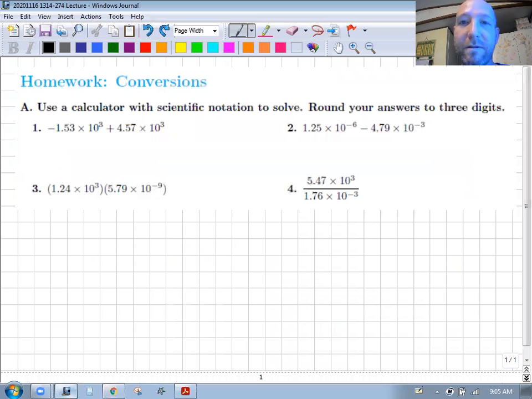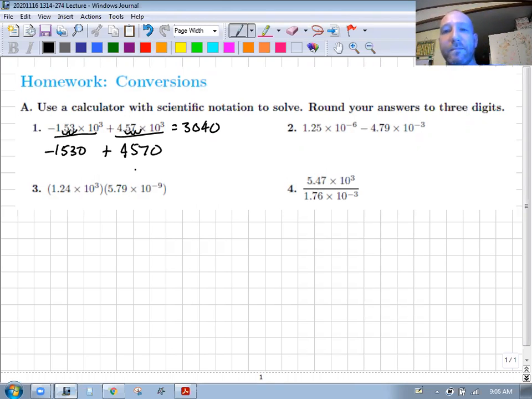You have to do the multiplication first and then the addition. Or you can move the decimal yourself without using a calculator. This would be a negative 1, 1, 2, 3, and then a plus 1, 2, 3.